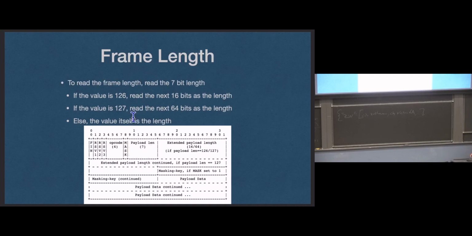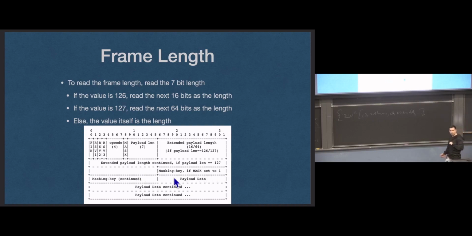So to read the payload length, you read the 7-bit payload length. If that value is exactly 126, read the next 2 bytes as your payload length. If it's exactly 127, read the next 8 bytes as your payload length. Otherwise, this itself is your payload length. And however many bytes you had to read for the payload length, the next 4 bytes are going to be your mask.